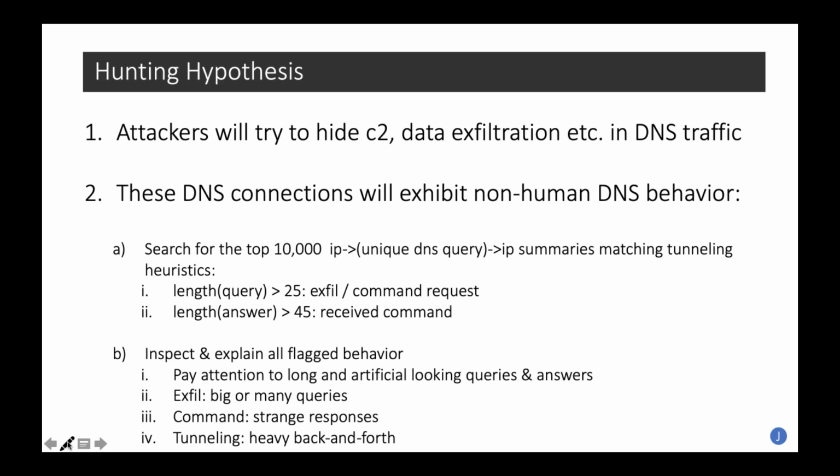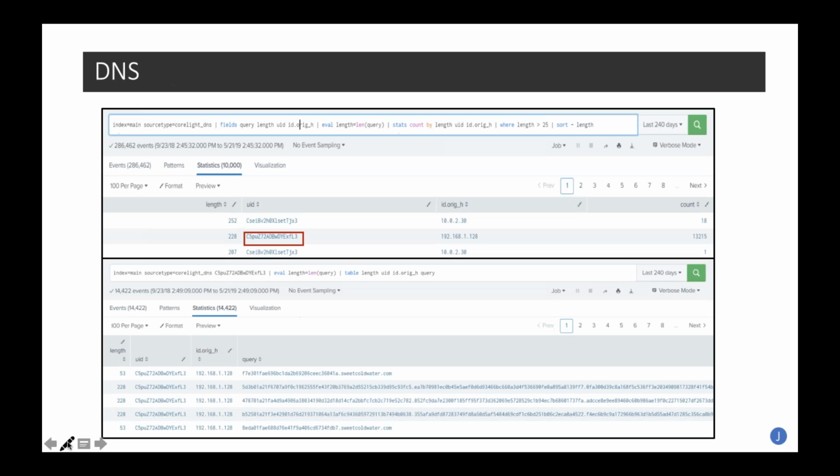And then we're looking for answers that exceed 45 characters, which could potentially represent a received C2 command from an attacker. And then we're also just looking again for anomalous or strange behavior within this ecosystem. Things like huge volume of queries, a very talky host who's making a ton of queries, that kind of behavior that we wouldn't expect.